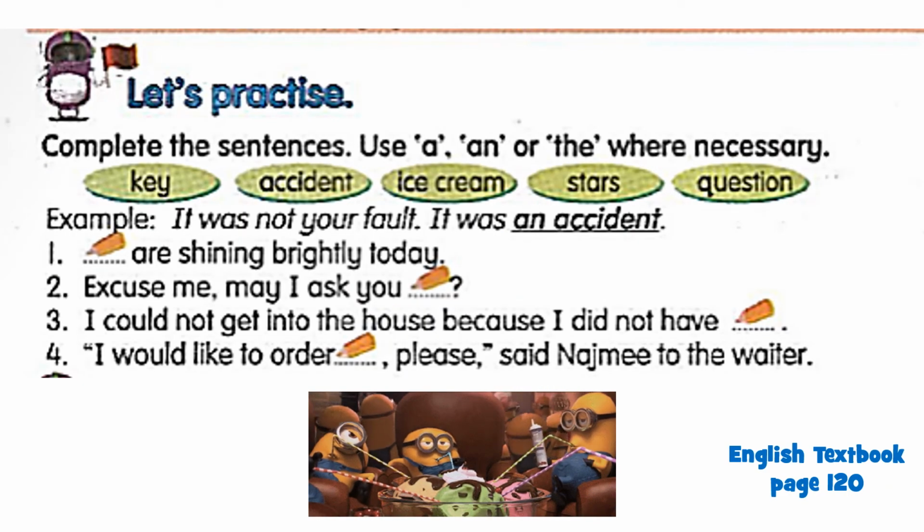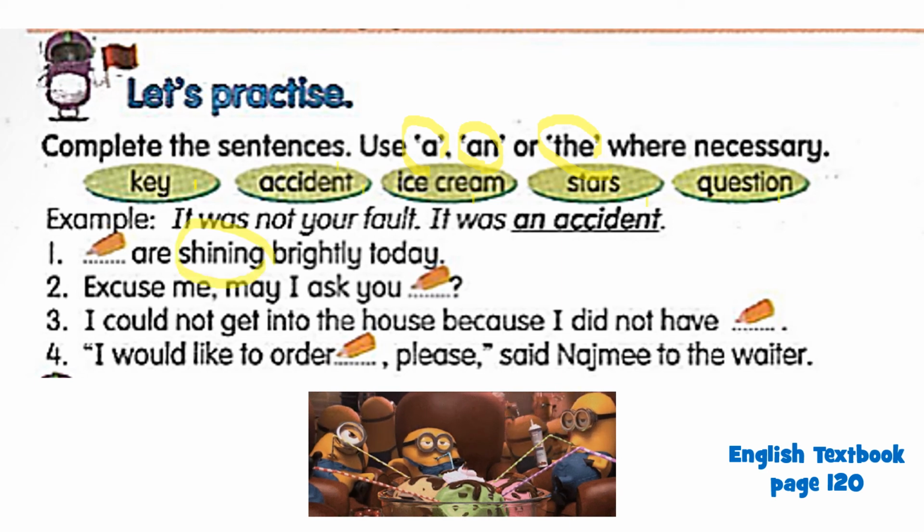After reading the notes, now it's time for us to do the exercises. You can turn to page 120 of your textbook. Okay, let's practice. Complete the sentences. Use a, an, or the when necessary. These are the nouns given: key, accident, ice cream, stars, question. Number 1. Blank are shining brightly today. Shining, bersinar.